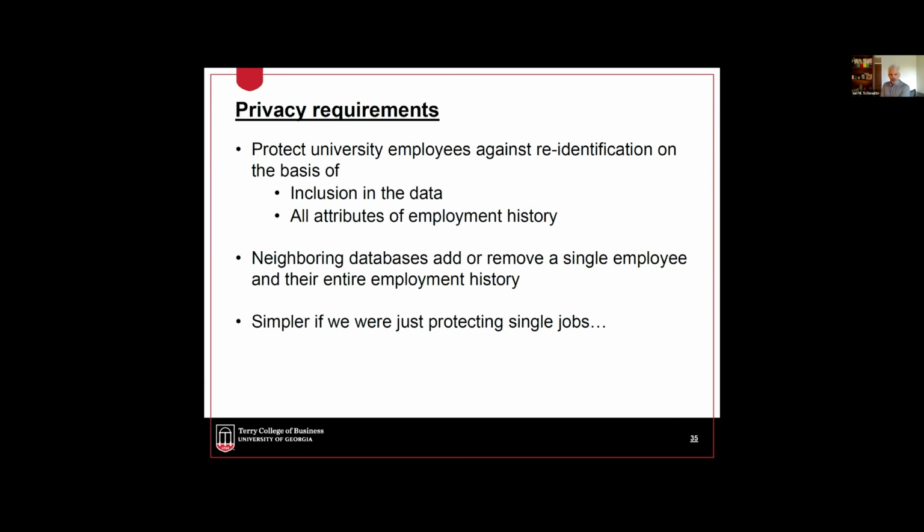I'll just note that this would be a simpler problem if all we were worried about was just protecting a single job. So if it were, say, for instance, okay to know that an individual worked for the university, we just don't want to disclose too much information about their earnings or employment in any single year, this problem would be different.